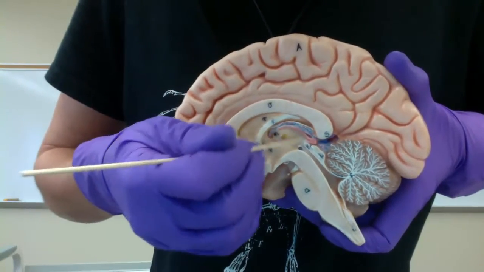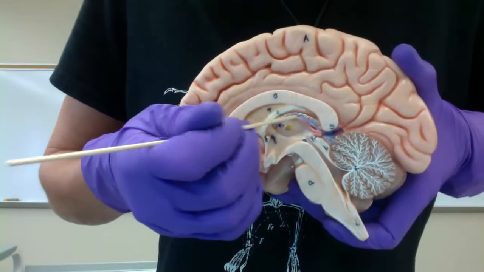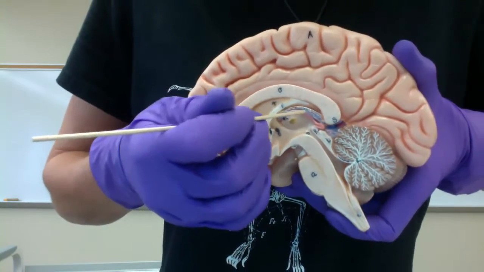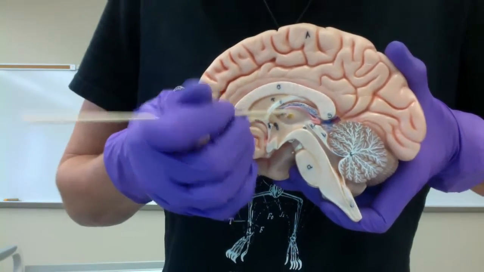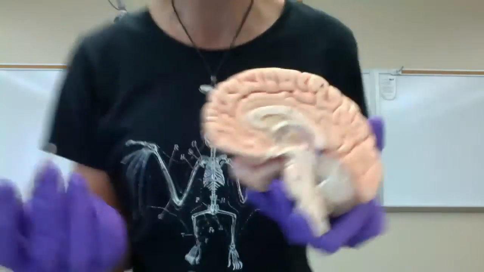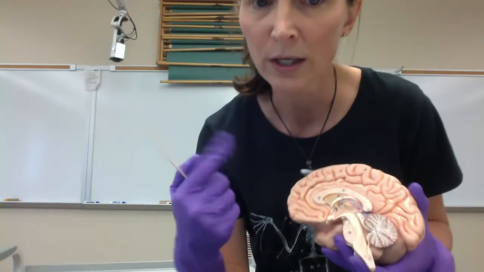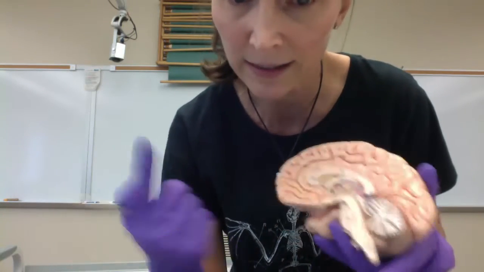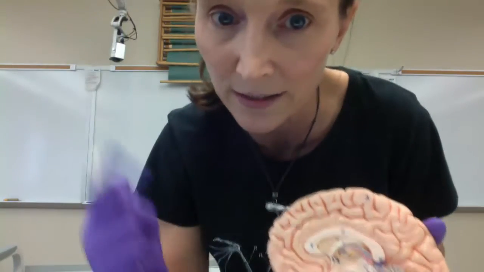There's the thalamus, and the thalamus is going to be the relay center for all sensory input except for your sense of smell. And the reason is that your sense of smell is going to innervate a different area because it's coming up directly through that cribriform plate.